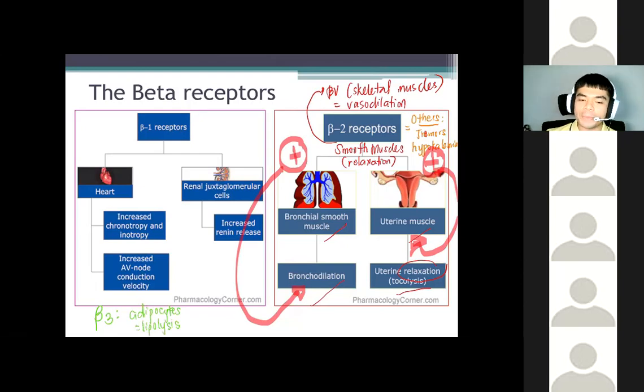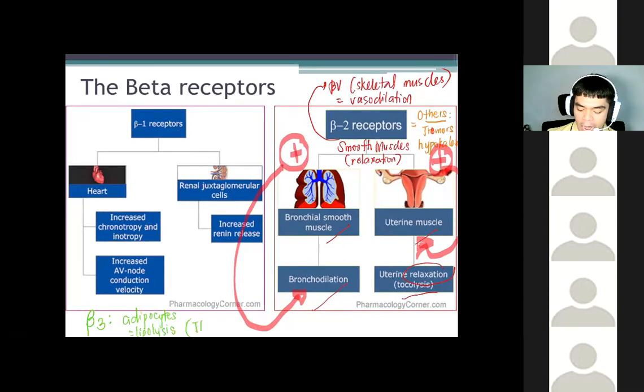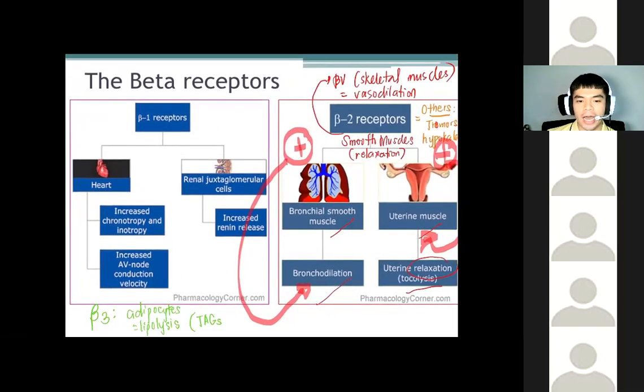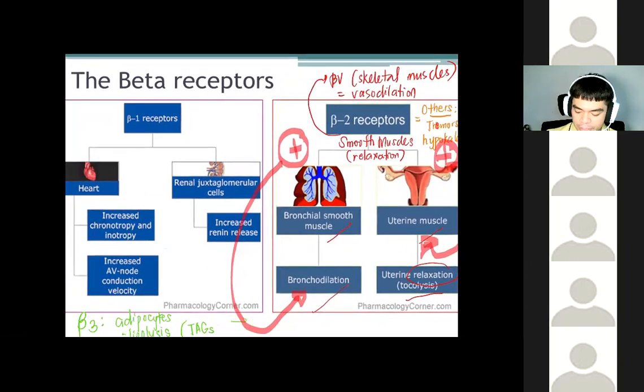Sa biochem, ang lipolysis, ito yung proseso na kung saan ang ating TAG or yung triglyceride ay na-hydrolyze o nababawasan, natatanggal yung triglyceride sa ating adipose para maging free fatty acid.